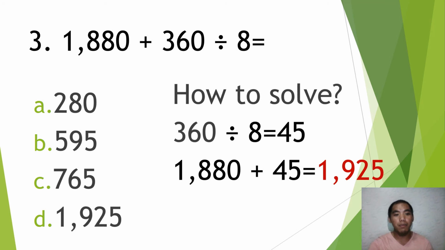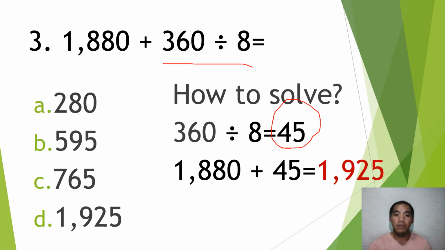And the third example, 1880 plus 360 divided by 8. Before we answer or solve the problem, we're going first to do the division here. So 360 divided by 8 is equal to 45.